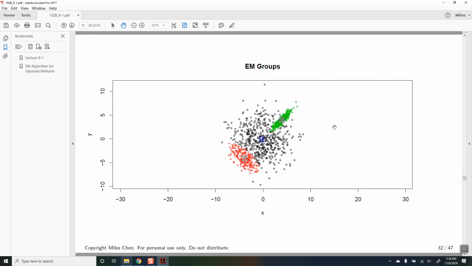Again, these are just probabilistic. So the ones on the boundary are like 51% black, 49% green, and this one's 51% green and 49% black.